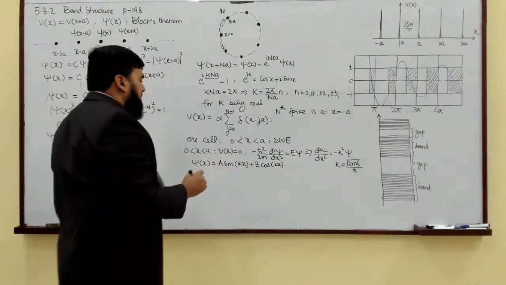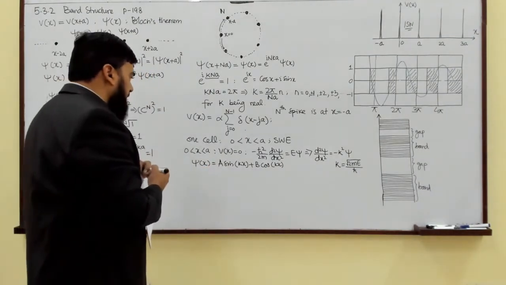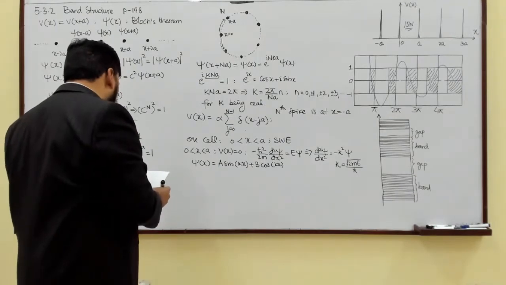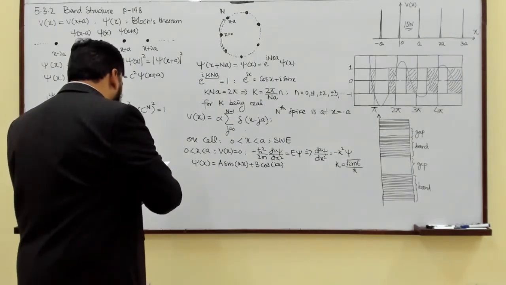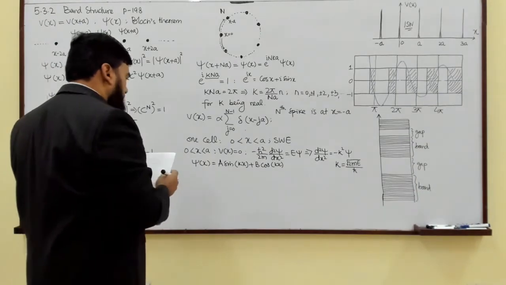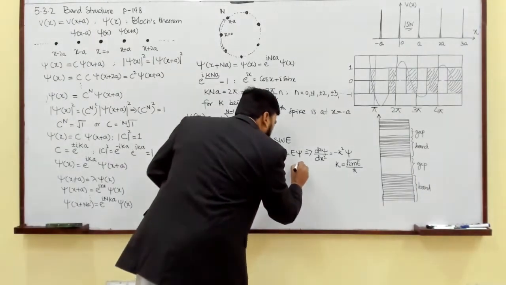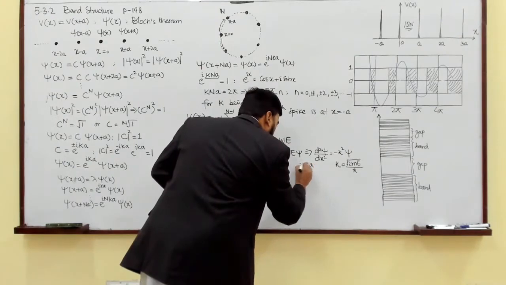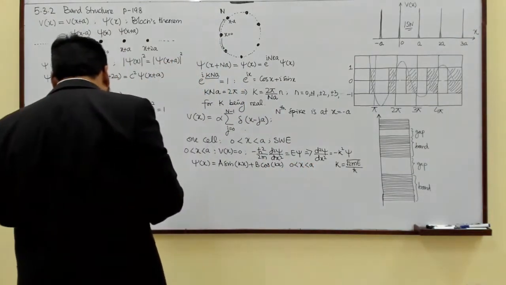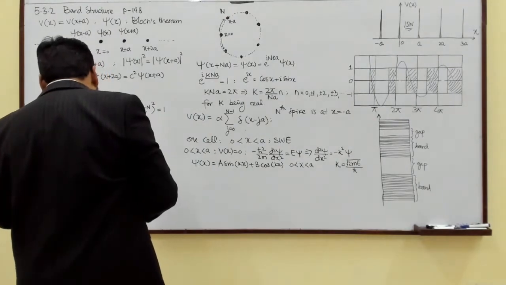This is the second order differential equation solution, and we have done it in the infinite square well as well. And now I will utilize this for x between 0 and a.